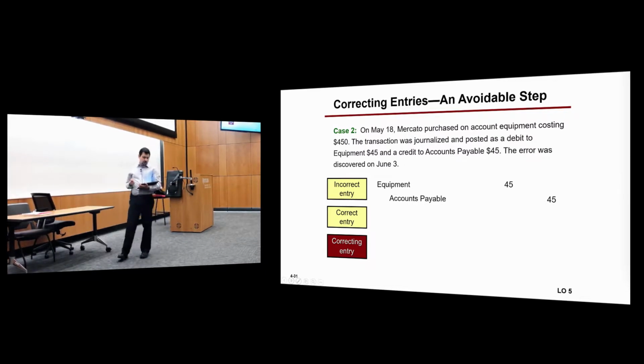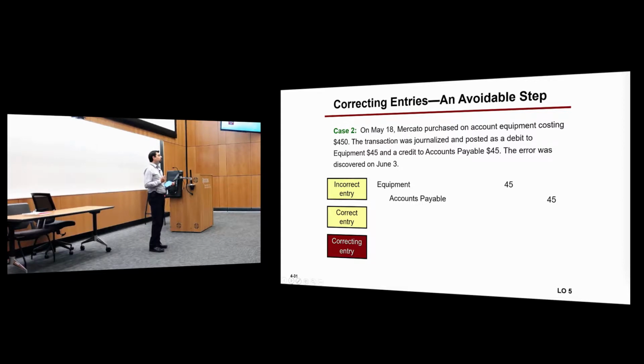So here Mercato purchases equipment on account, costing $450. What accounts are involved? Equipment and accounts payable. This is what the company expects to pay. Now the company recorded that as a debit to equipment for 45 and a credit to accounts payable for 45 instead of 450.